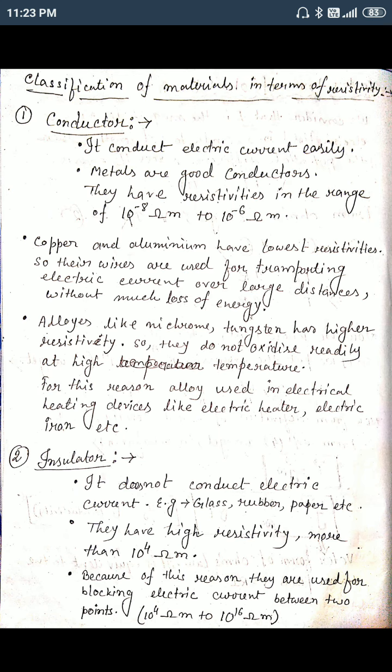But alloys like tungsten and nichrome are not used for transporting electric current, because they have a higher resistivity value. Because of that property they are used as heating devices, as they do not oxidize readily at higher temperature.